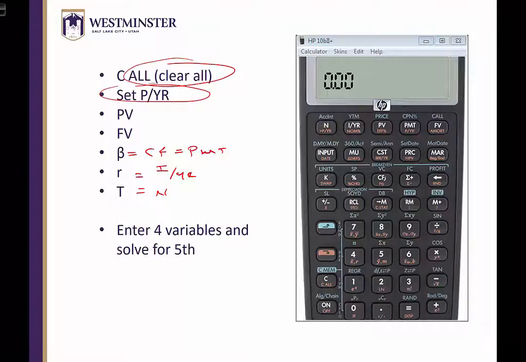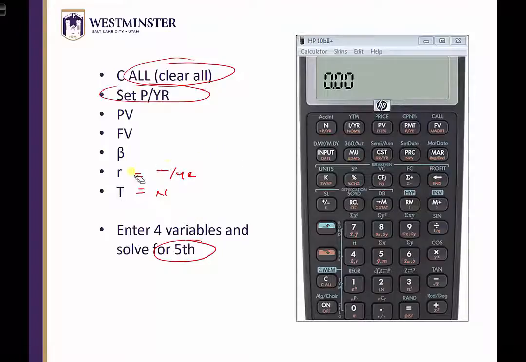Let's take a look briefly at how we might use this. We're going to think of each of these as being 5 expressly unique variables. And if we have 4 variables, we can solve for the 5th. So in this case, if I use the calculator and tell it that we have an annual transaction, my present value is going to be equal to 0.